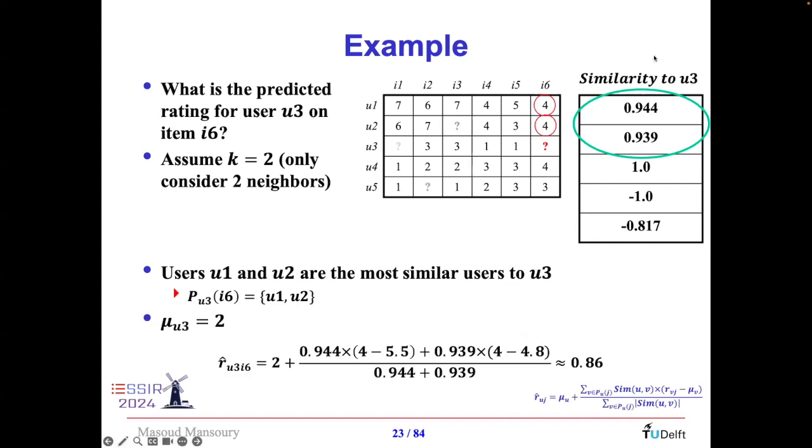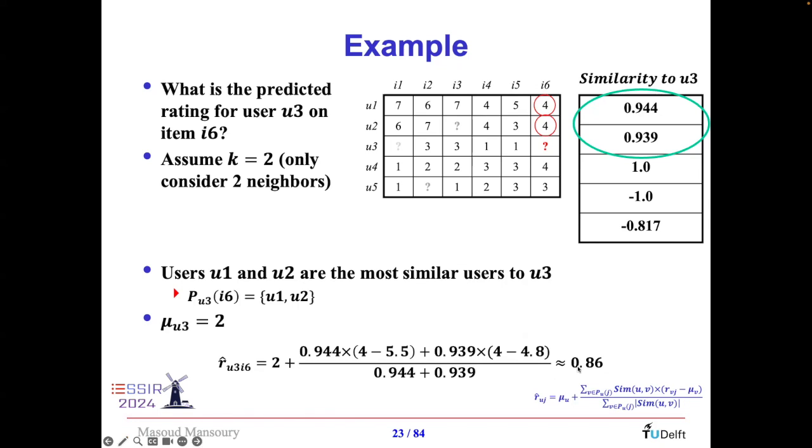What we do is take the similarity values between user U3 and the 2 neighbors, and the ratings that the neighbors provided on item I6. Then we compute the weighted average across the opinions of the neighbors on the target item I6. As you can see, the similarity value is multiplied by the rating of each neighbor on I6, our target item, the same for the second neighbor, and then we normalize it, and the predicted rating is computed.